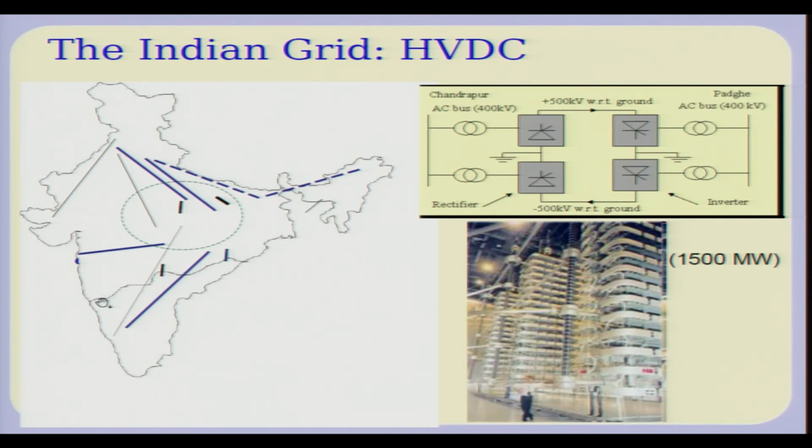The entire grid is one synchronous grid, that is, there are AC line paths between every synchronous generator and every other synchronous generator in the country, not point to point links, but several through a meshed AC transmission path. We do have a lot of embedded long distance links, which in fact are used to send large bulk amounts of power from one part of the system to another. Okay. So, this certainly exists.